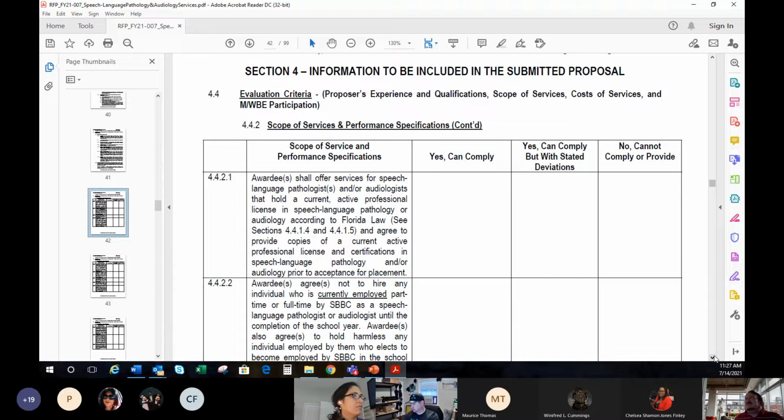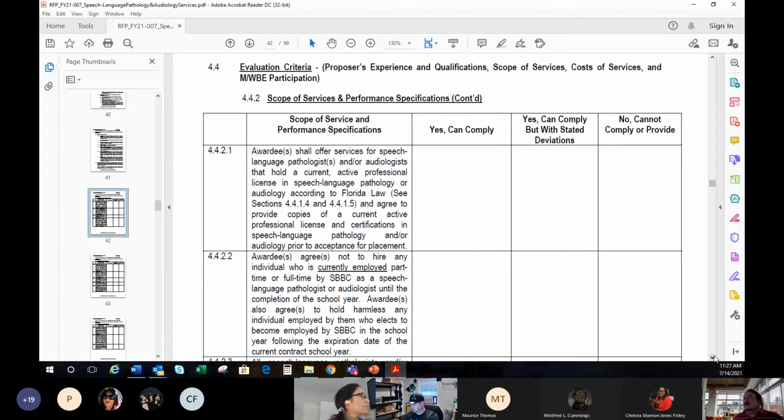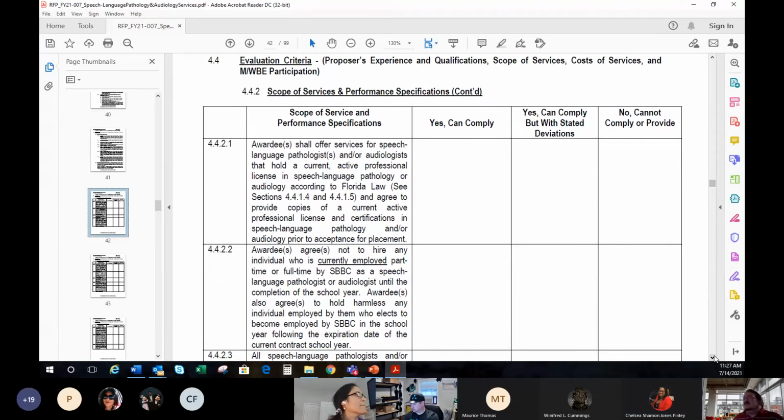Now, I believe 4.4.1.4 and 4.4.1.5 explain what the law is, and in the minimum eligibility, I believe you've already provided these licenses. So you can type in here, yes, can comply, or check mark it.